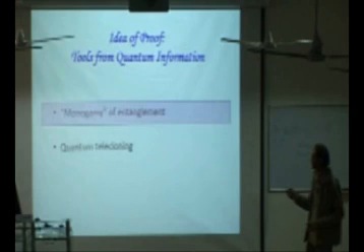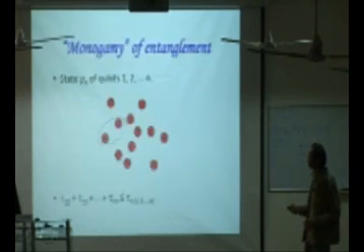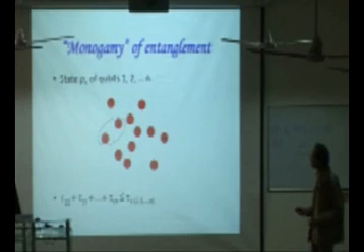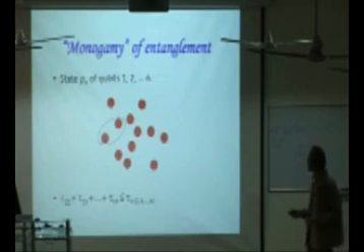So let me, just like Arun, quickly recapitulate what is monogamy of entanglement and how it can be used in our case. So we have a state of n particles. In particular, that can be a state of n sites of a lattice.